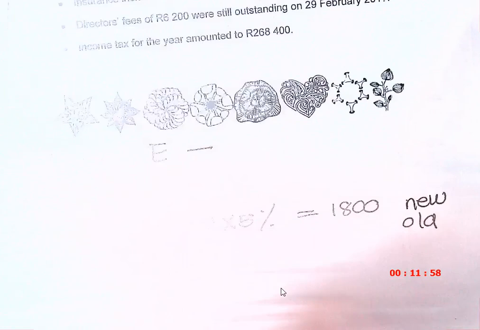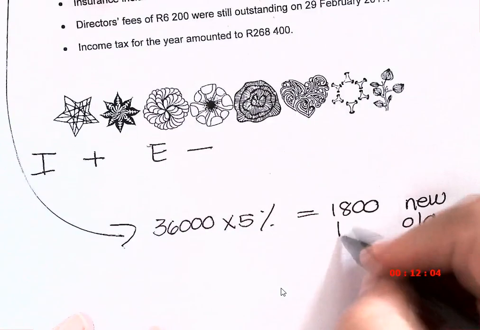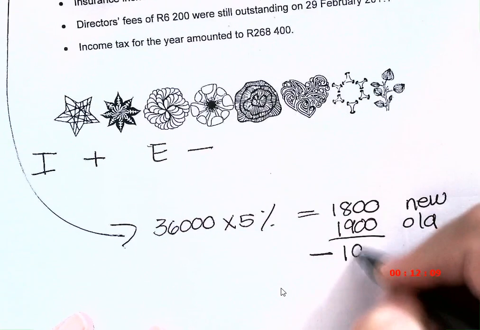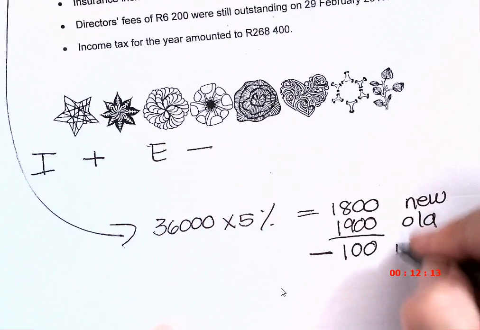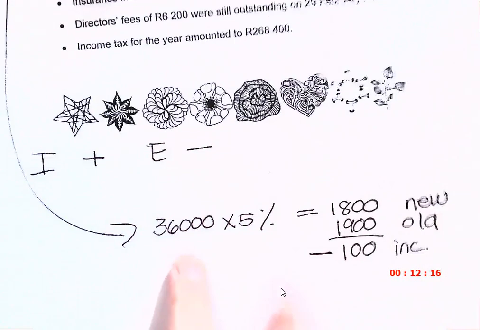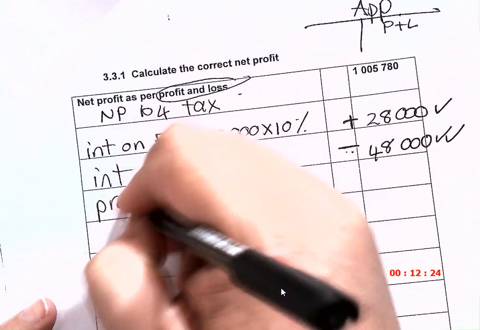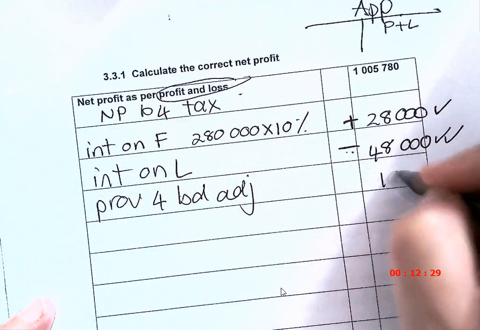So the old one, I go look here, and I see the old one is 1,900. So 1,900 means I need to make the adjustment less with 100, meaning this is an income. I am making the provision less. So here I'm going to write provision for bad debts adjustment 100.